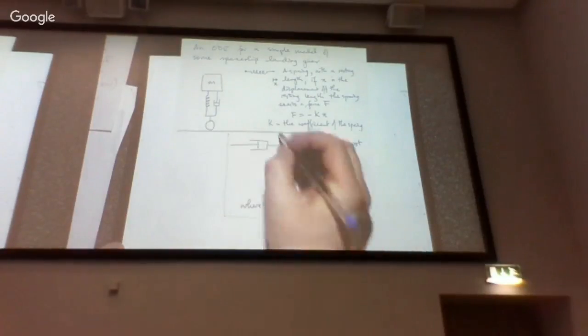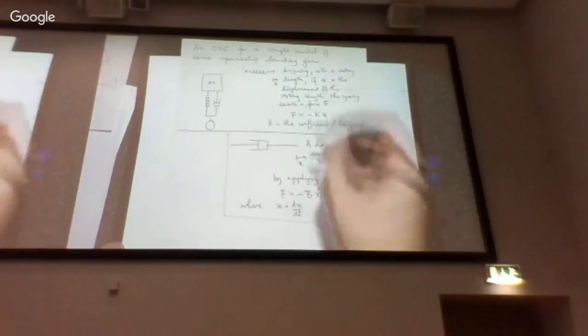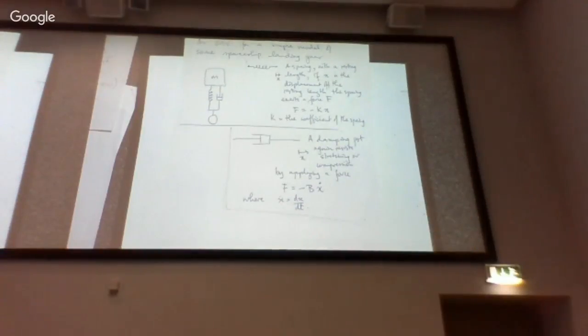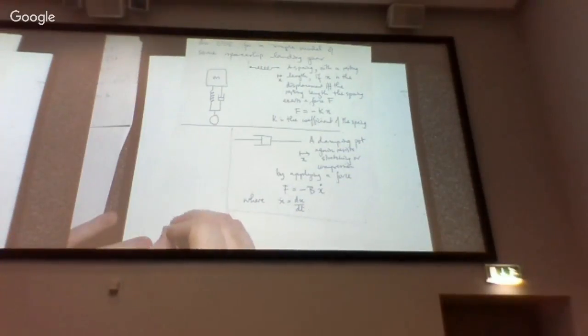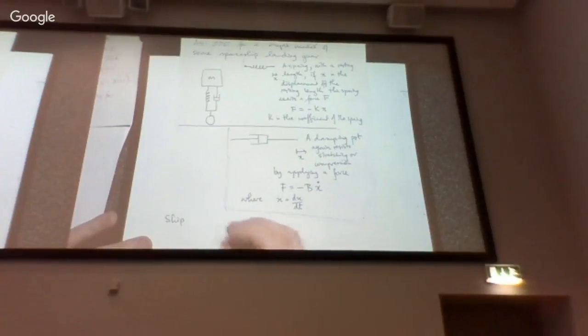So the spaceship will be dropped. These are the components, an explanation of how the components work. So we'll assume that this landing ship is dropped from a height h.